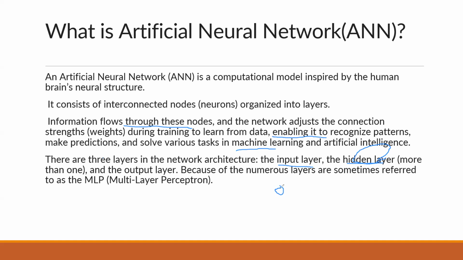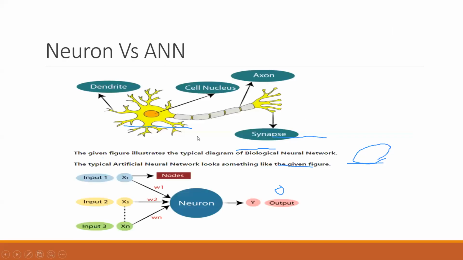Let us say we have a neuron or some nodes, on the basis of which the information is passed. Let us study that in the previous slide. Here we can see a biological neuron in which we have the dendrite, which is basically the information flowing.